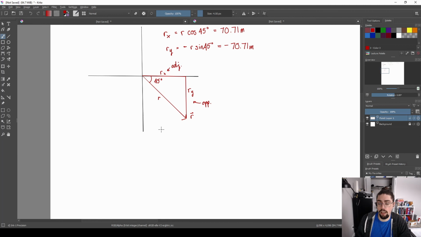Instead of writing out 100 meters long, 45 degrees below, and so on, I could say that r is equal to 70.71 i hat minus 70.71 j hat meters. That's a fancy way to write this. Instead of dealing with the x component and the y component, I can put it all together in one nice, clean line.